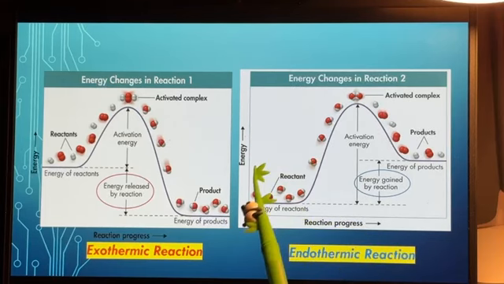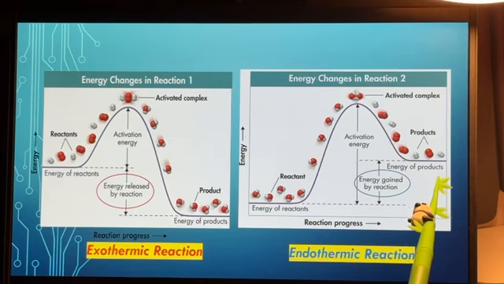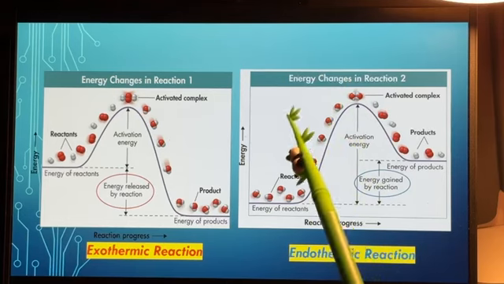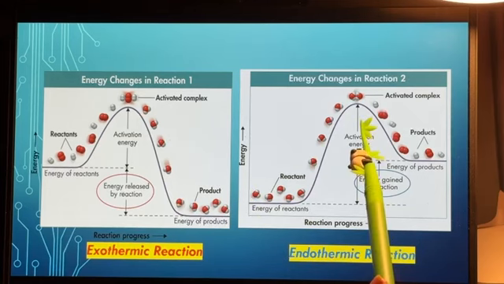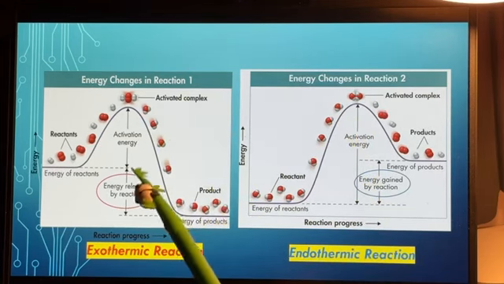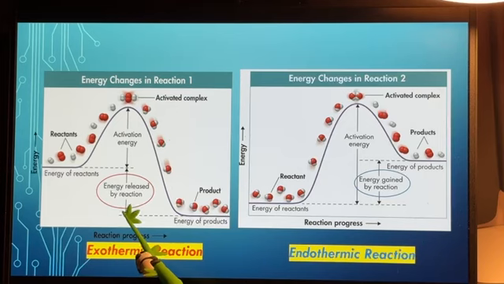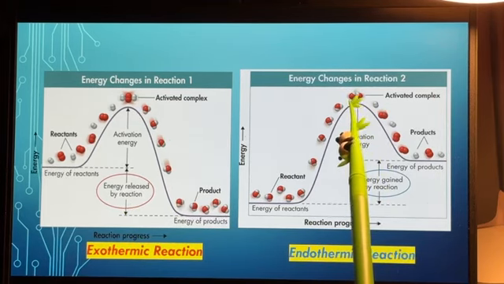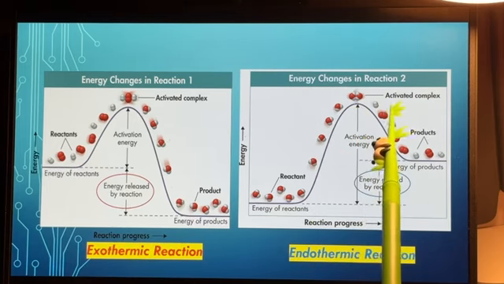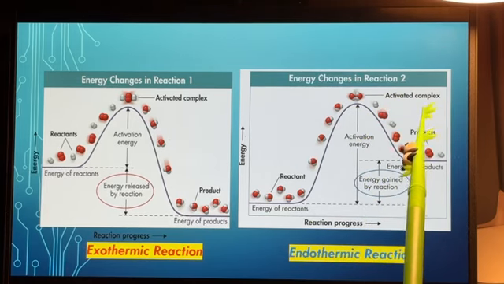If my reactants have lower energy than the energy of the product, then we say it is an endothermic reaction. Now let us look at the energy changes in the endothermic reaction. Here my reactant needs more activation energy as compared to an exothermic reaction in order to attain the peak of the mountain. At the peak, they have formed the activated complex.